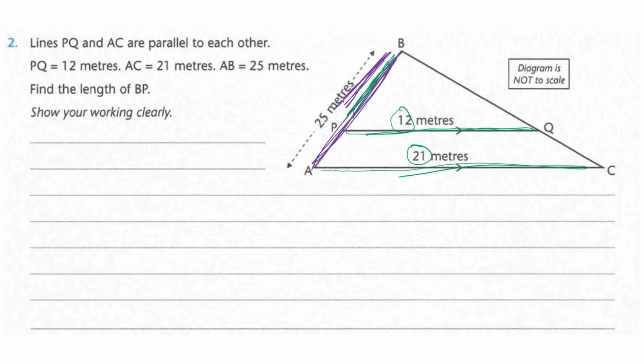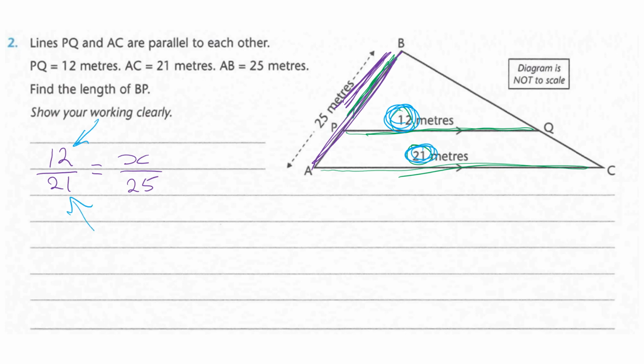The first thing I could do is I know for a fact that 12 over 21 is going to be equal to x over 25. To make it clearer where these numbers have come from, I've taken my 12 from here and put it right there, and I've taken my 21 from here and put it right here.